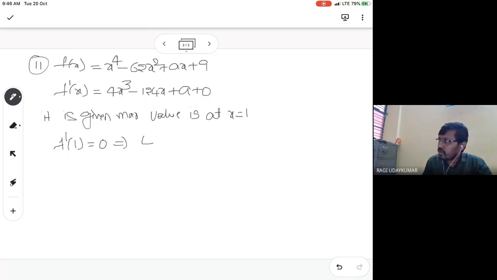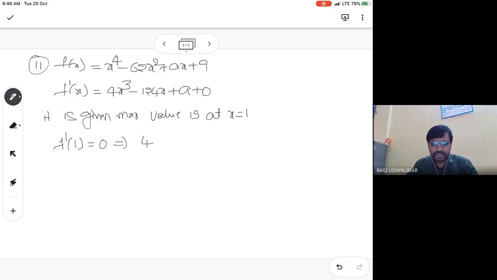So substitute 1 in f dash of x. What is the value you are going to get if you substitute 1 here? 4 minus 124 plus a equals 0.